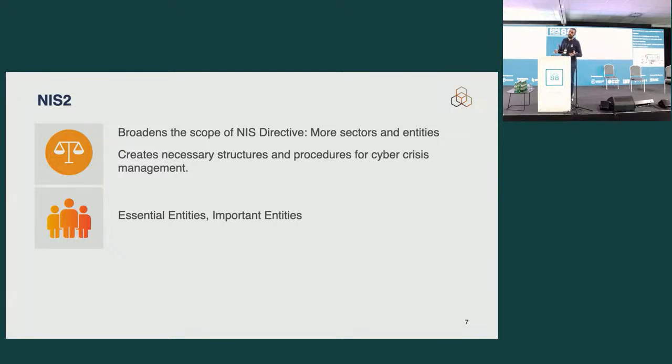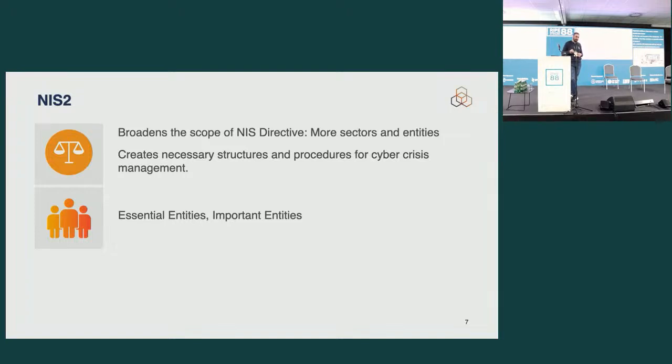Now, how they define these can be through a sector, like, let's say, utility companies would fall under essential entities, digital service providers might fall under important entities, or they also have a certain classification based on the size and the revenue of the companies. So for example, what they consider essential entities in terms of size could be 250 employees and up, and revenues of around 50 million euros or so.